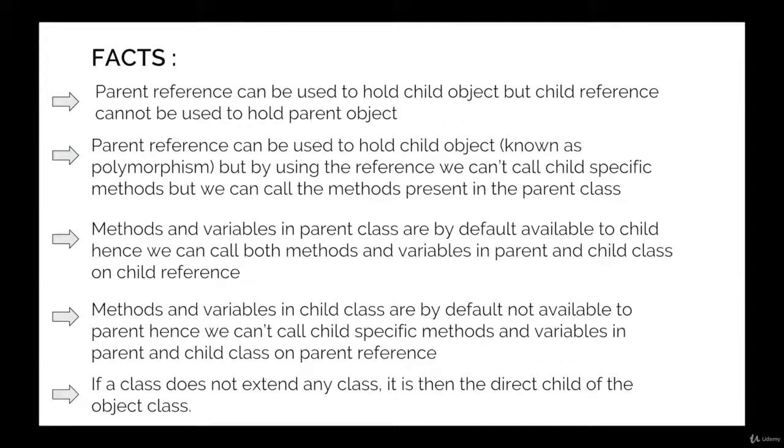What this means is that the Object class is the parent of every class in Java. If we have created a class and we don't have a parent for that class in our code, by default the compiler will make sure that it's the direct child of the Object class.